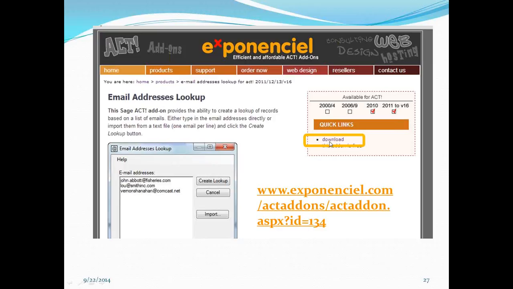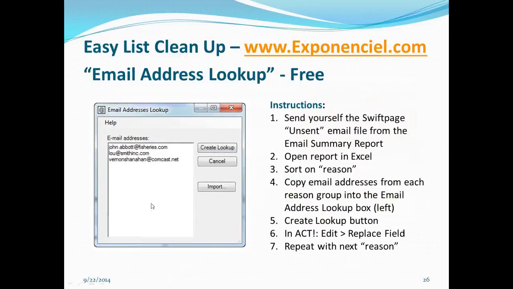You download that and install it. You'll have to install it on each machine that you want to do this from. Then when you open up ACT again the next time, you'll have a new icon on your toolbar, and I'll show you that in just a minute, but this little window pops up for us to do an email address lookup.